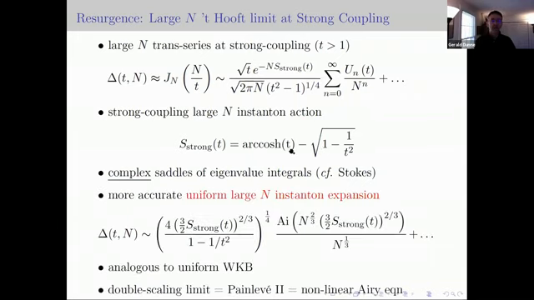Of course, we know if we're studying this thing, a much better thing to do would be to use the uniform large N approximation, which is where this thing is actually written in terms of an Airy function itself. And so we see this Airy function showing up again and again.